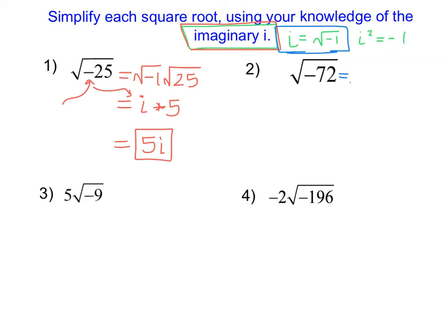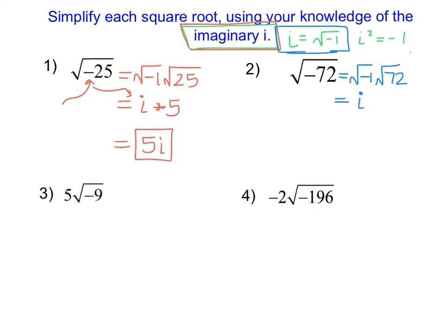Now if I move on to example 2, if I apply this same thinking, I'm going to start by rewriting this as the square root of negative 1 times the square root of 72. Then from here, I know the square root of negative 1 is i. But then I know that the square root of 72 isn't a perfect square. So then I start thinking through, okay, I have all of my perfect squares. What are the perfect squares that 72 is divisible by?